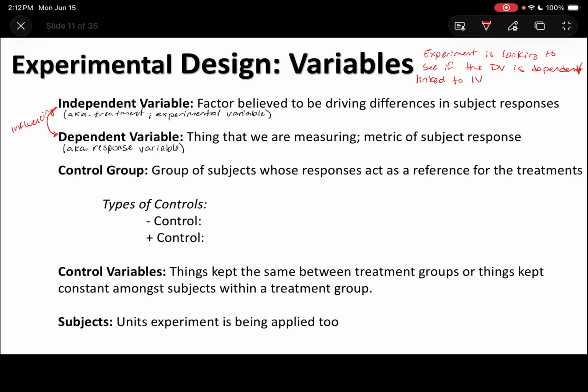Now, a lot of experiments will contain a control group of some type. Generally speaking, a control group acts as a reference group. What it's going to do is help us determine how effective the treatment actually is that's being tested. Okay. There are two kinds of control groups that you can have within a study. A negative control group is going to be a group of individuals who do not get the treatment.